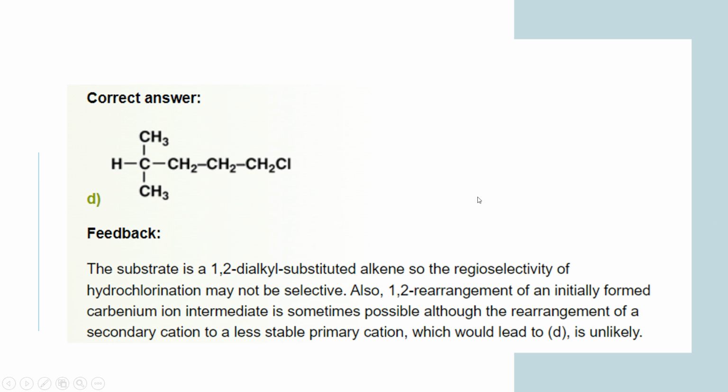But if you understand how we are going to form the stable carbocations, then you will know that yes, the other three possibilities are there where we are going to get secondary carbocations, but this primary carbocation case will not be observed for this reaction. So let us move to the next question.